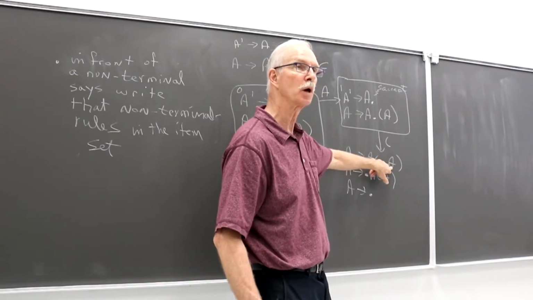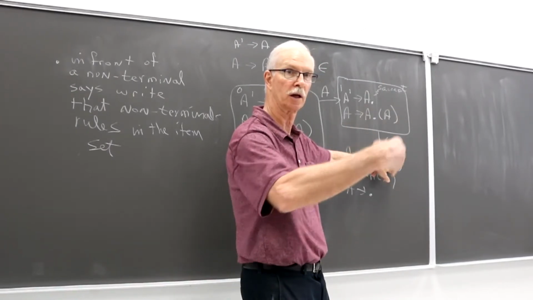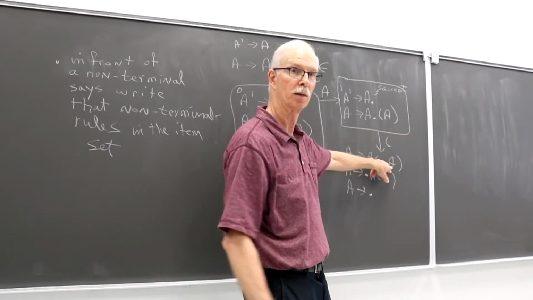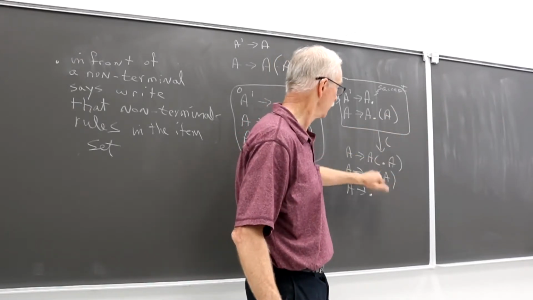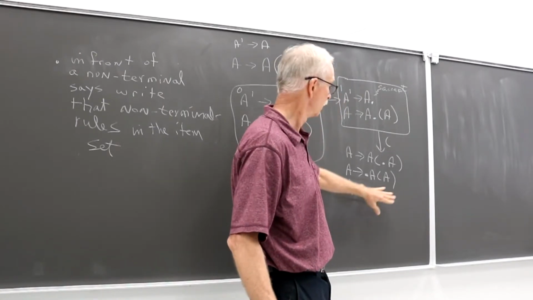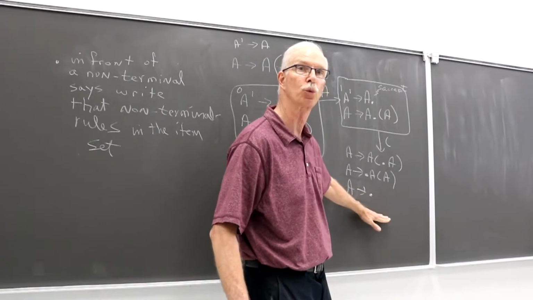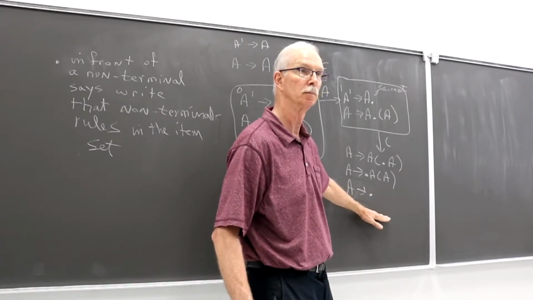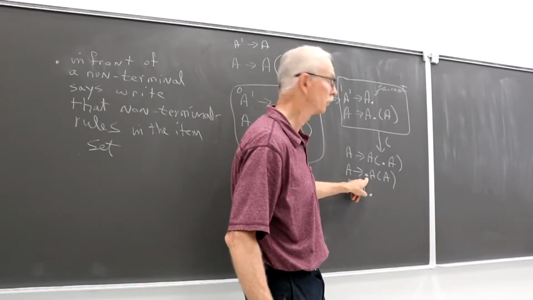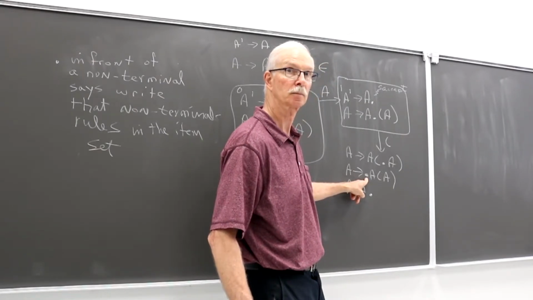This says I can replace A by A's rules. A is on the left, A's rules are the right. And if I replace this A by its rules, I haven't seen any of the right-hand side of those replacement rules. So the period goes back to the front. Okay?